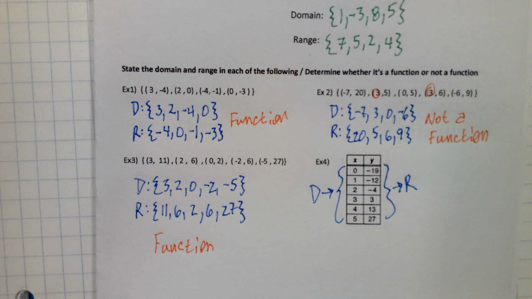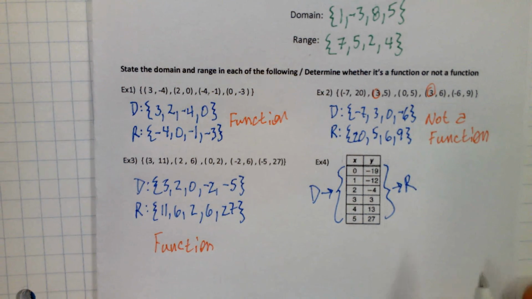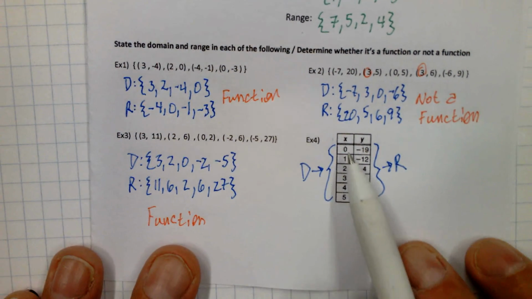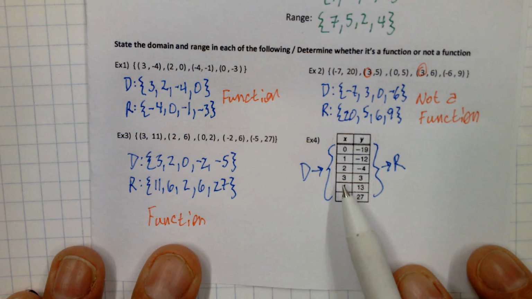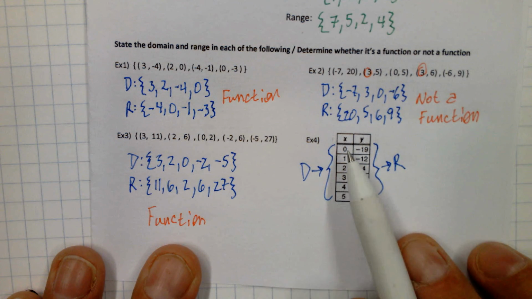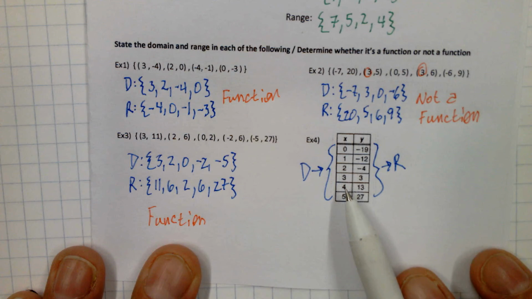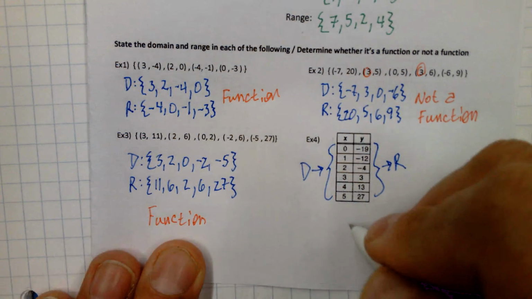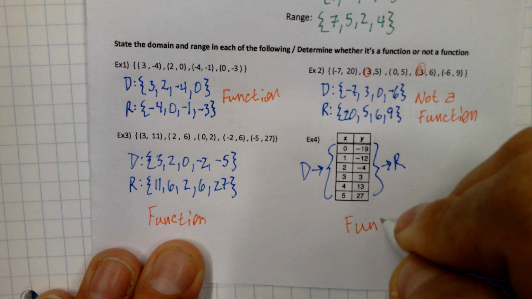So why write them again if they're just listed for you, right? Okay. Let's just scan it real quick and see if we're okay for a function or not a function. Yeah. It's looking good. I don't see any repeating numbers here. 0 is only there once. 1, 2, 3, 4, 5. Yeah. This one is a function again.